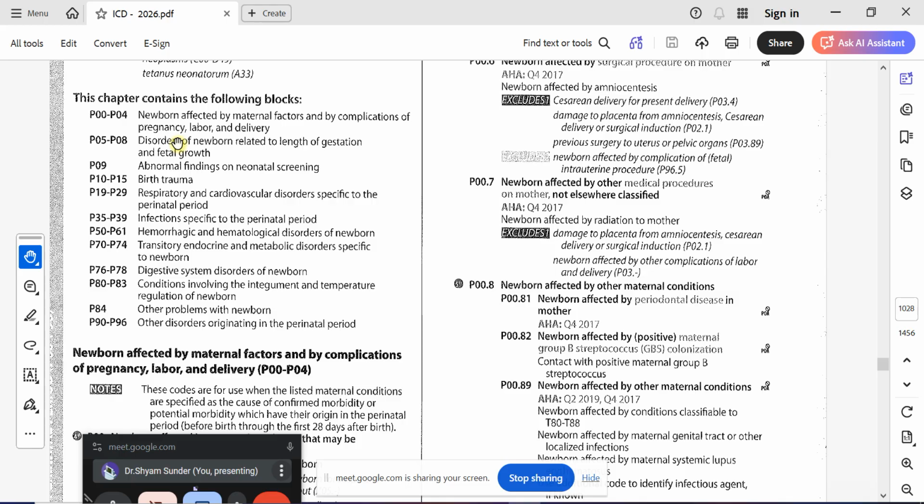These are the blocks you see here: P35 to P39 infections, P50 hemorrhage, endocrine, metabolic, digestive problems P70 to P78, skin integumentary P80. So this is classified based on the specialty organ system.